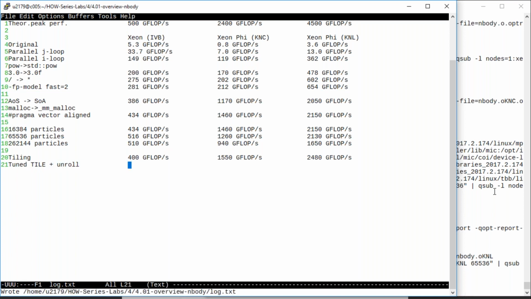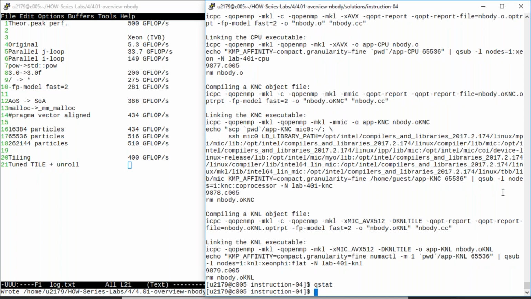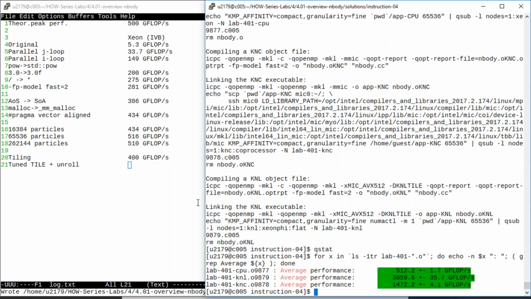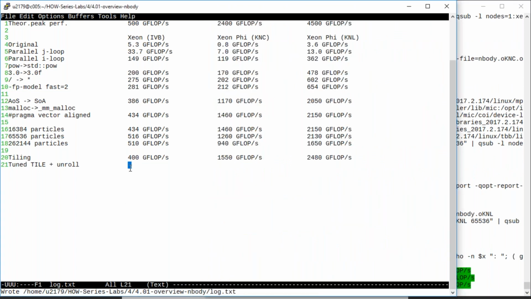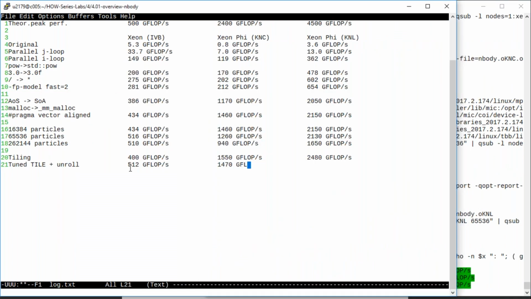So, what we are going to see is the best performance result that I was able to achieve for this code on all of the platforms. And that result is 512 on the CPU, 1470 on Knight's Corner, and 3060 on Knight's Landing.